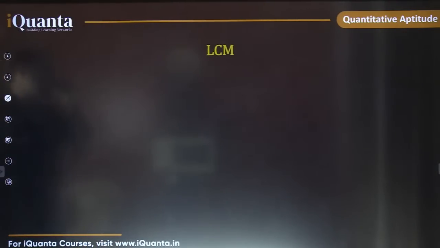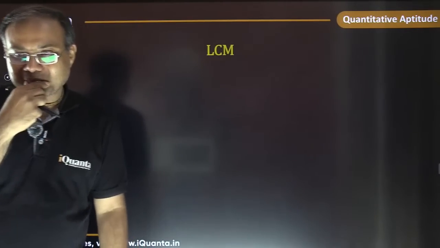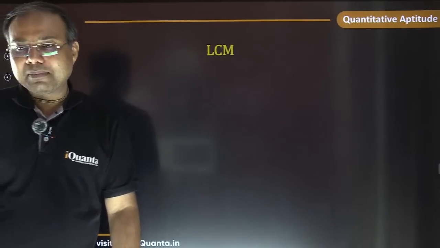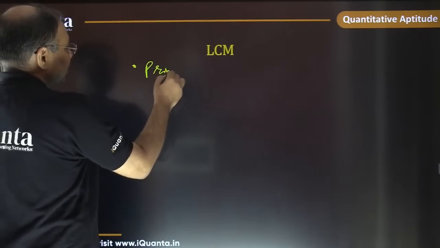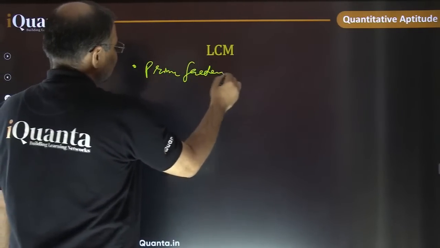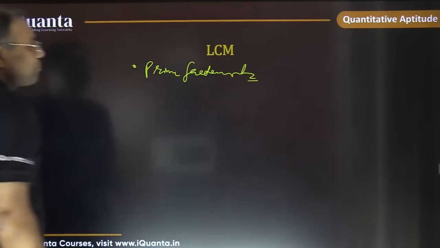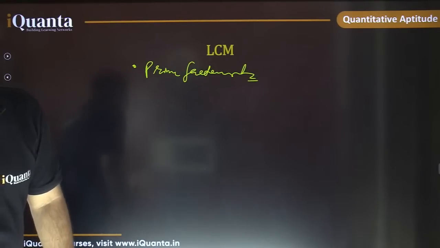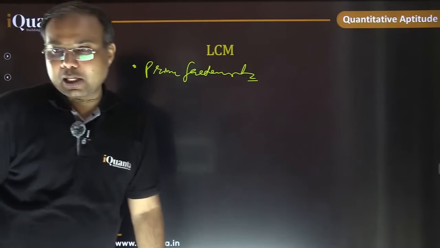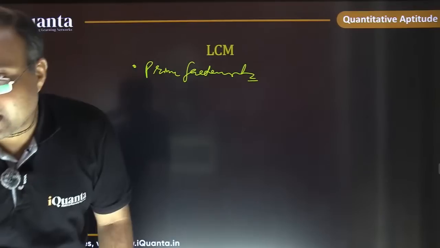अच्छा, LCM कैसे निकालते हैं? How to find LCM? LCM में फिर से वही सेम चीज है, prime factorization method. And beside that, we have a relation between LCM and HCF. Yes, I'm giving an example for that subtraction method, Kuldeep. Wait, I was thinking for that only.